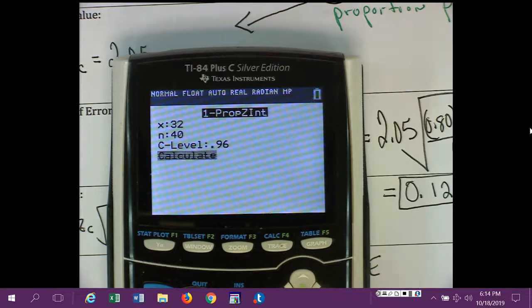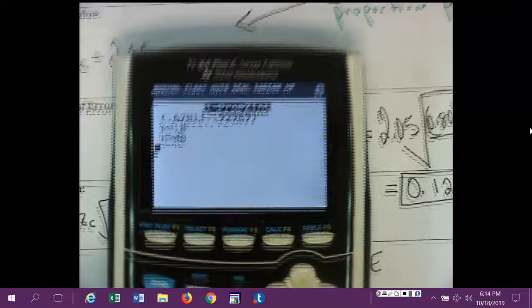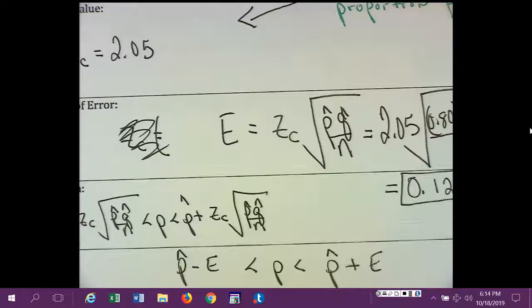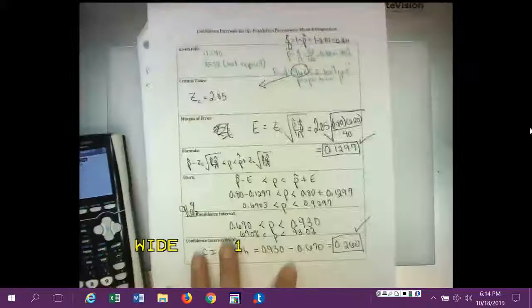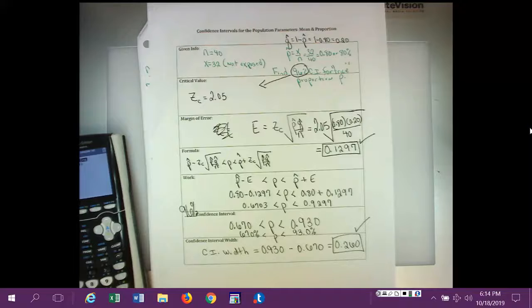Enter. Rounded to 3 places, 0.670, 0.930, which is what we got by hand once you round accurately to 3 places. So there you go. There's the question, and there's the answer to the problem concerning those people not exposed.